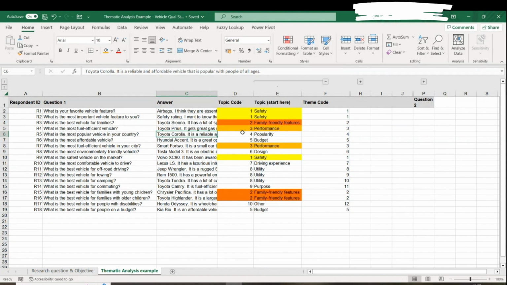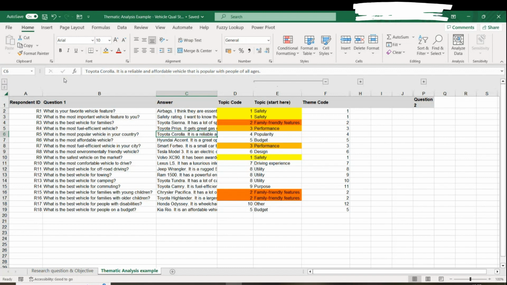Then you read what the respondent said and the question, what is the most popular vehicle in your country? Then they would say Toyota Corolla. It is a reliable and affordable vehicle that is popular with people of all ages.